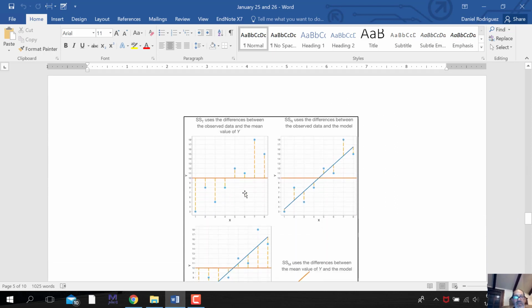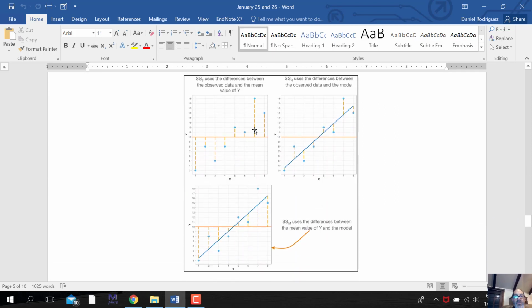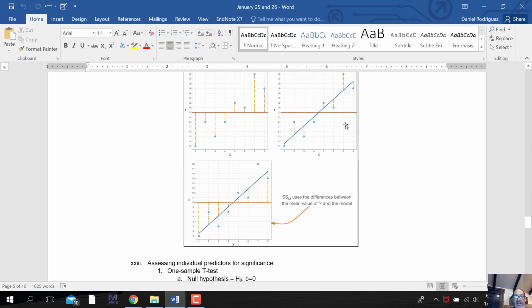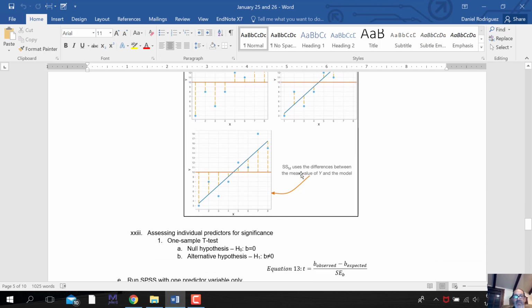The total sum of squares is the difference between each point and the overall mean. Then we have the sum of square residuals. The residuals indicate how well we predicted it. Again, we saw an example of residual being the error term. It's the difference between each value and the predicted value. And finally, the model sum of squares is the difference between the mean and each predicted value.